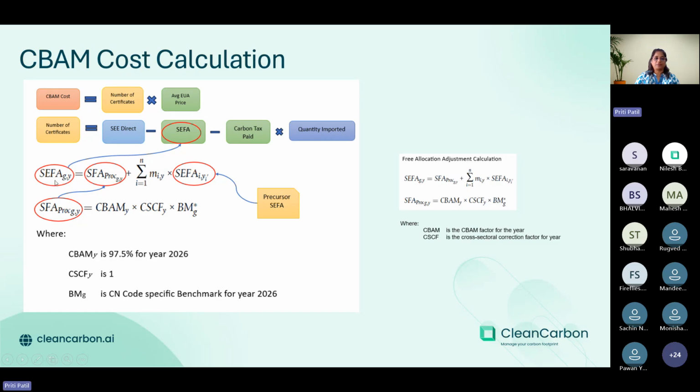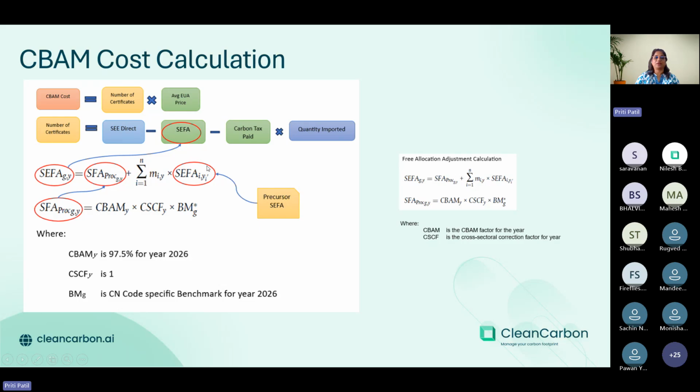So specific embedded free allocation SEFA for good G is equal to SFA, the specific free allocation for the process, or you can say for the product. For that particular product that you are importing, you calculate it, plus the SEFA for the precursor. As I said earlier, we can get a better benefit if we are calculating actual values. So we have the product free allocation adjustment plus its precursors' free allocation adjustment.